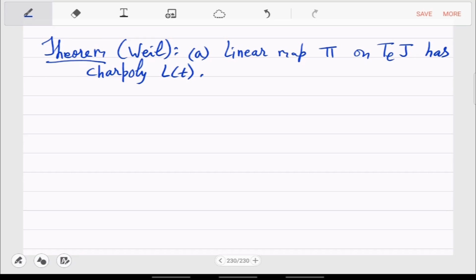Okay, so this is the cohomological interpretation I was talking about. If you see, well, Frobenius is a linear map because on d1 plus d2, pi acts as first plus second. So you can ask about its characteristic polynomial. That happens to be the L function.